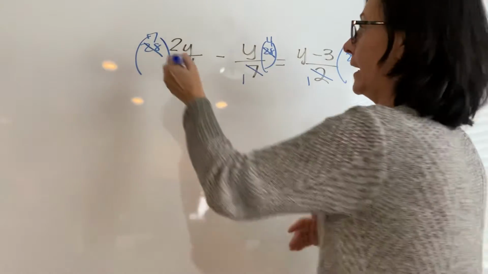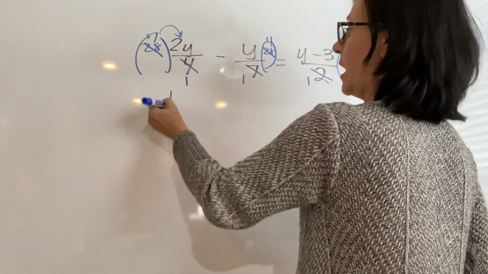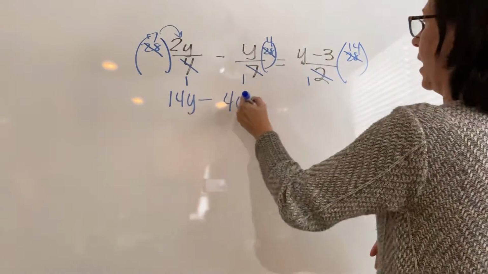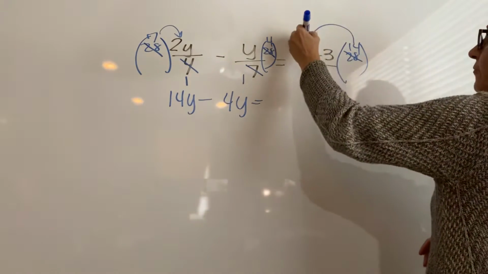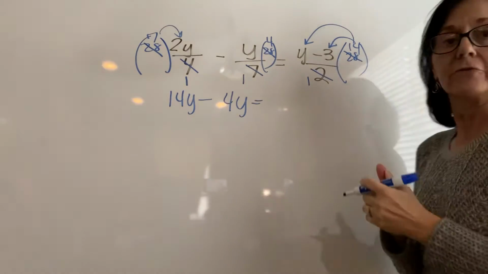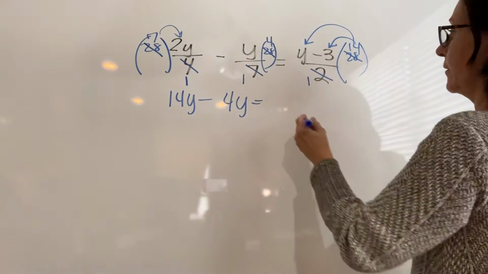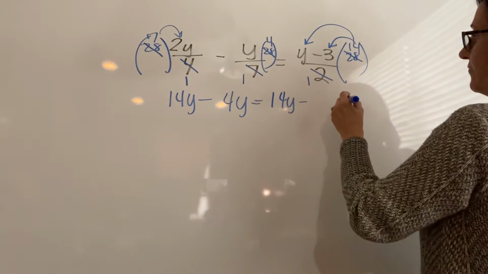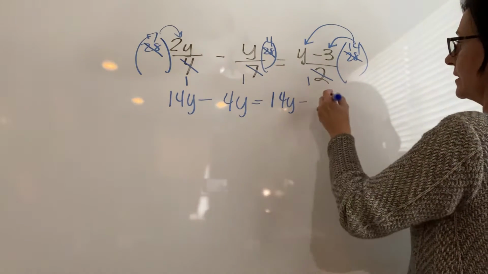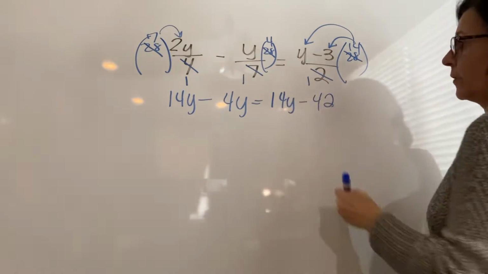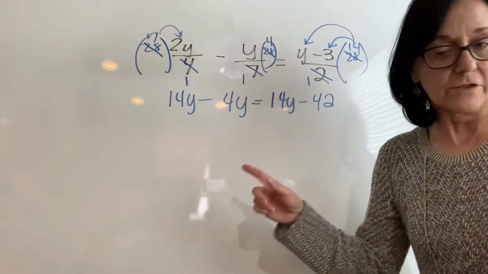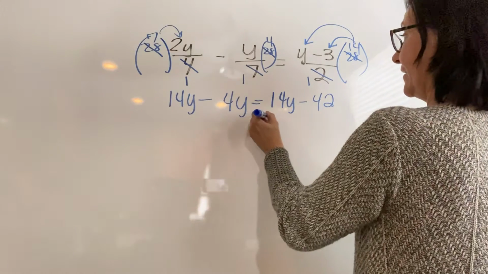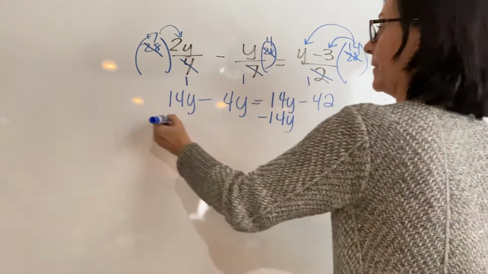Then I multiply. So 7 times 2y, 14y, minus 4y. I distribute the 14 to both of the terms in the numerator. So it's 14y minus 14 times 3, that's 12, carry your 1, 42. All right, so now I'm going to subtract 14y from both sides.